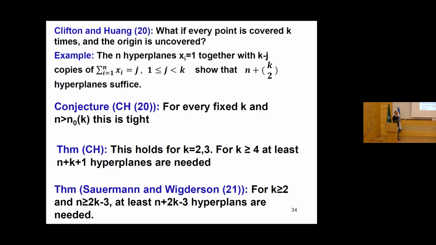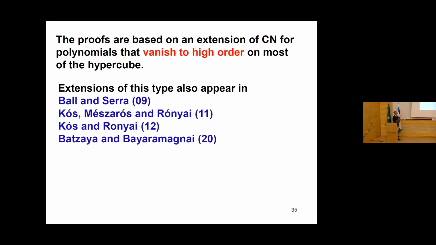And this lower bound was recently improved by Lisa Sauermann and Yuval Wigderson. I'm mentioning it mostly because of the method. The methods here use some versions of this combinatorial Nullstellensatz, but extensions of it that work for polynomials that vanish to high order.